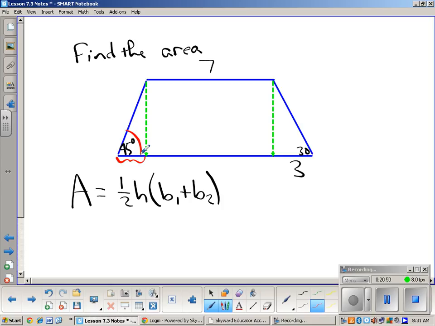Well, this is 30 degrees. Okay? And this is the what side of that 30-degree angle? That triangle, I mean. What is it? It's a short leg?